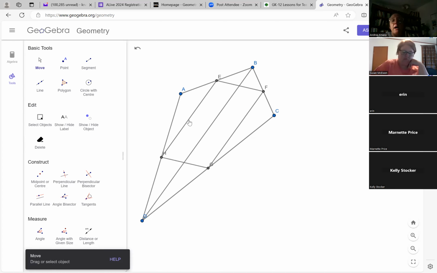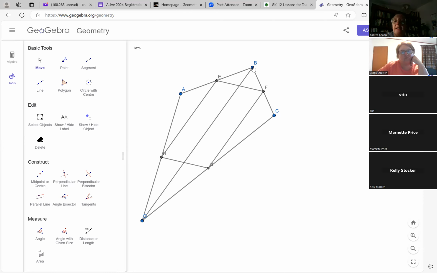So because HE is parallel to DB and FG is also parallel to BD, we can say they're parallel to each other. And we also know they're the same length because they're both half the length of BD. And in a parallelogram, opposite sides are parallel and the same length, right?